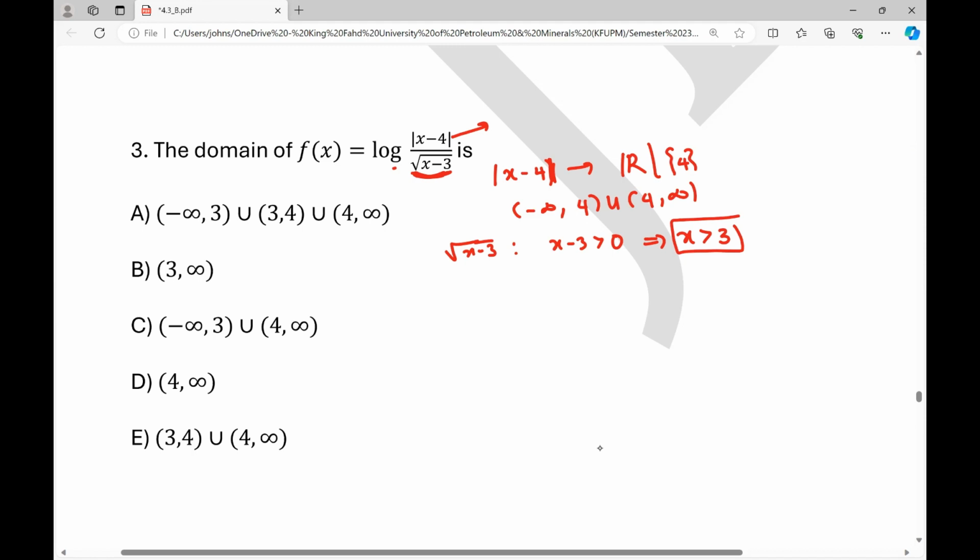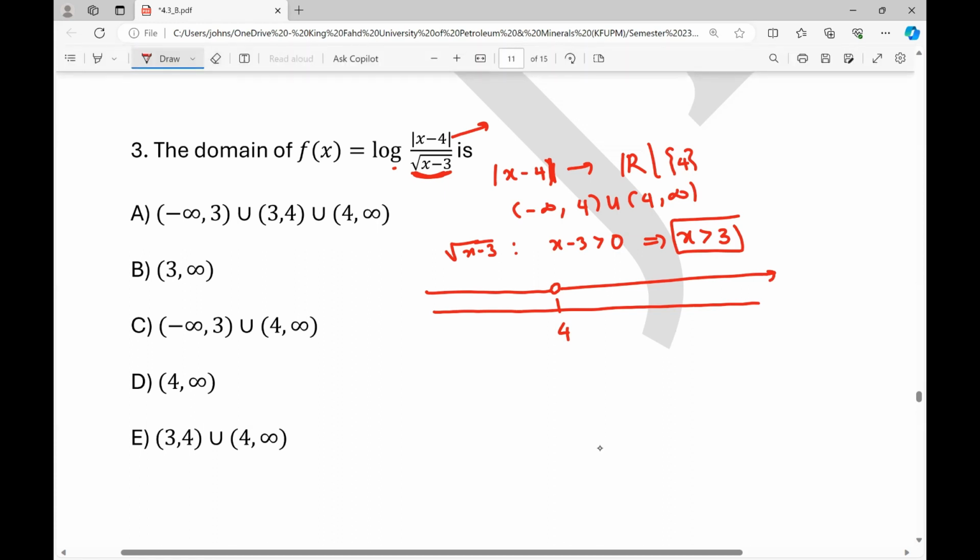So we have to just intersect the two, right? We have to intersect the two. So how do we intersect the two? We just go from here, and this will be 4 somewhere here. So you have minus infinity to 4, and then 4 to infinity. So this is the domain coming from the absolute value. But here we have x has to be greater than 3.